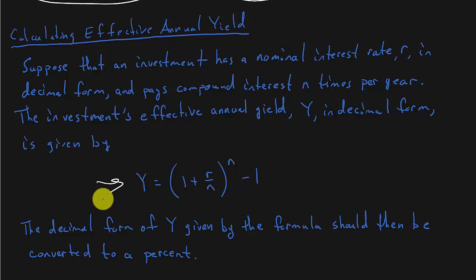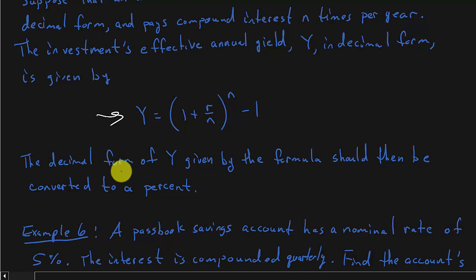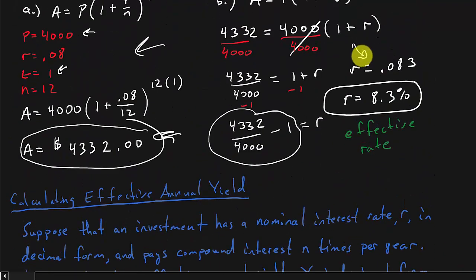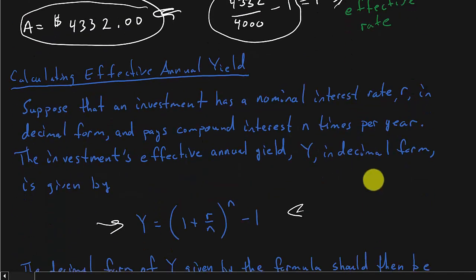Now, we've got a note here. The decimal form of Y given by the formula should then be converted to a percent. When you do this formula, you're going to get a decimal as an answer, and we did the same thing up here. We got a decimal, and we converted it to a percent.